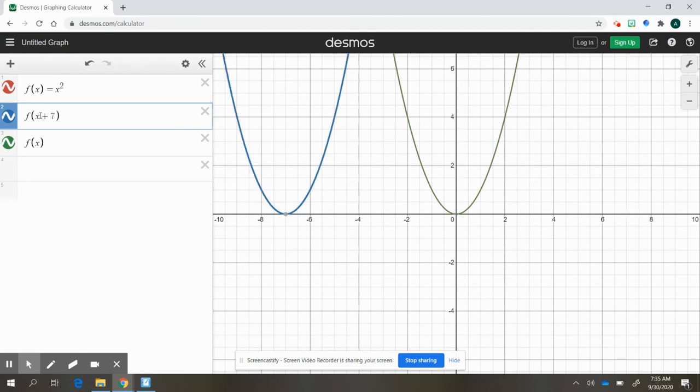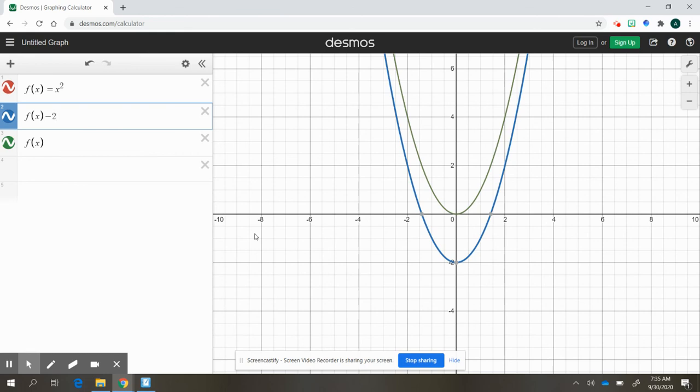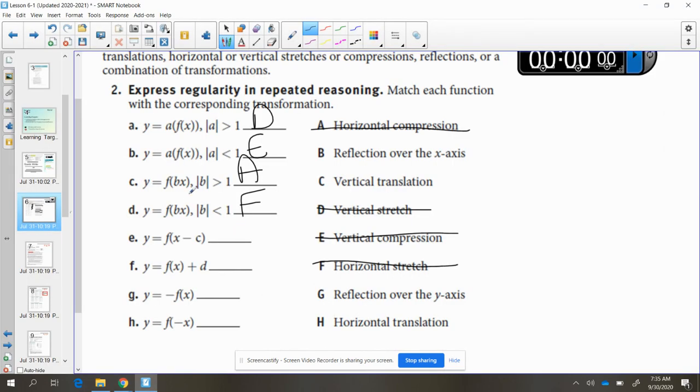Remember, so that's going to be our horizontal translation. Versus if we put 7 on the outside, it moves up our graph here. We have our vertical translations when it comes outside of the function. So we have horizontal translation, so H, and we have vertical translation C.